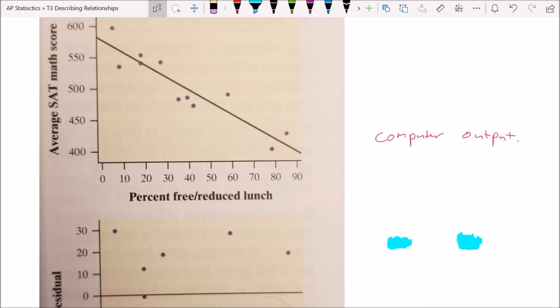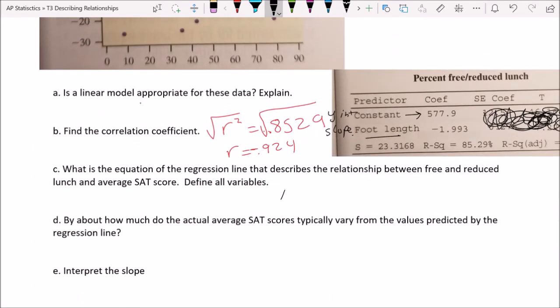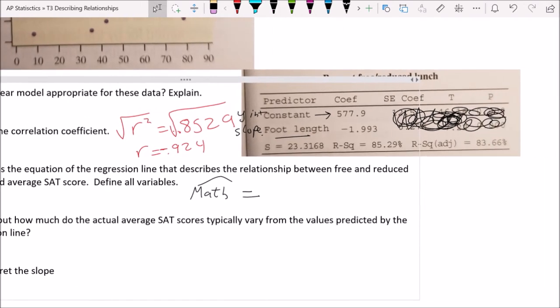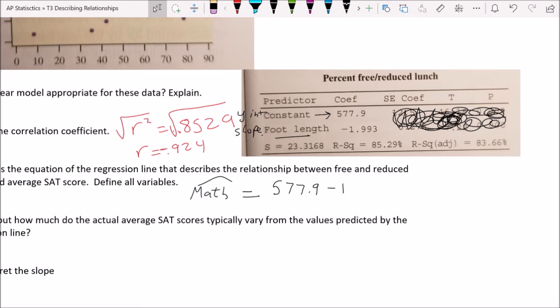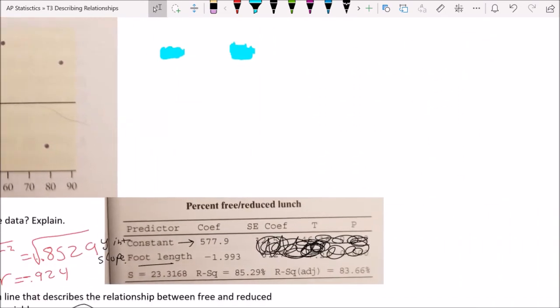So what we're predicting is SAT math scores, so I'm going to write it as math hat, so the predicted math score is, now in stats, for whatever reason, they like you to put the constant first. They put these in the order they're written. So they're going to go 577.9 minus 1.993, and they do percentage of free and reduced lunch.